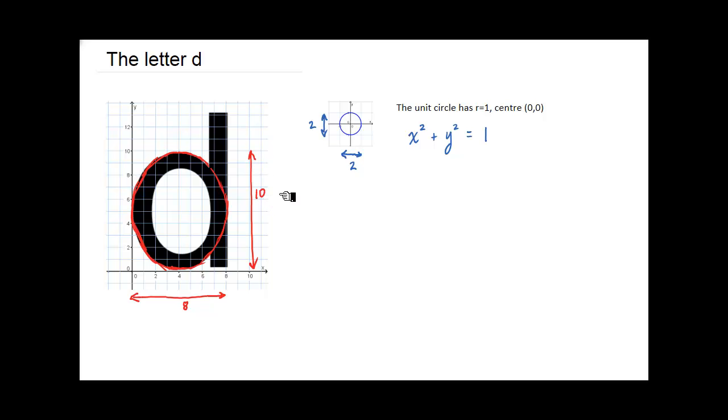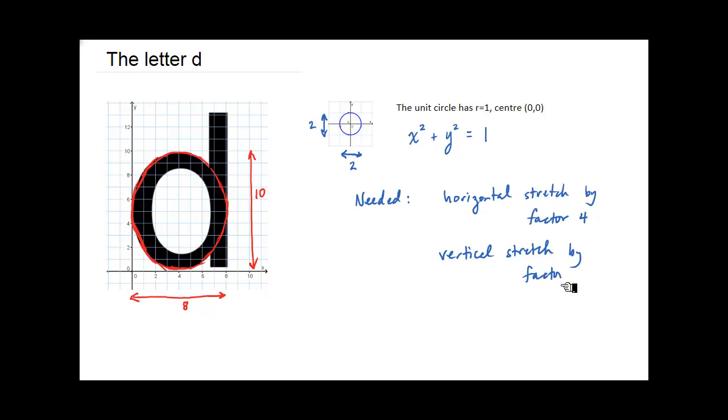So if you think about those widths and heights and the stretches that we're going to need to apply to the blue curve to yield the red curve, we will need a horizontal stretch by factor 4. We'll need a vertical stretch by factor 5.